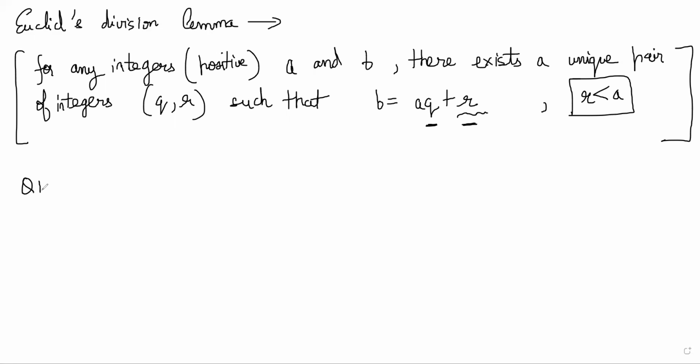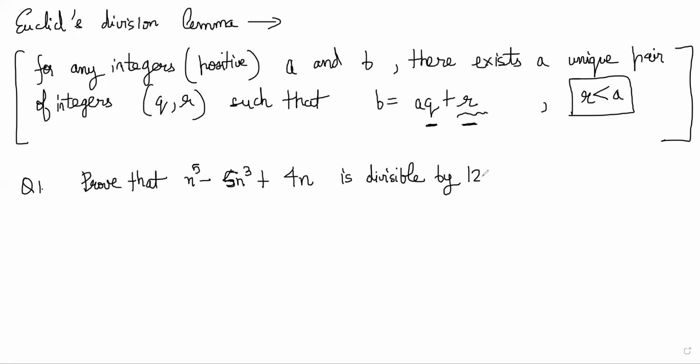some example problems. So first question can be, prove that n power 5 minus 5n cube plus 4n is divisible by 120, right? So let's try and factorize this.